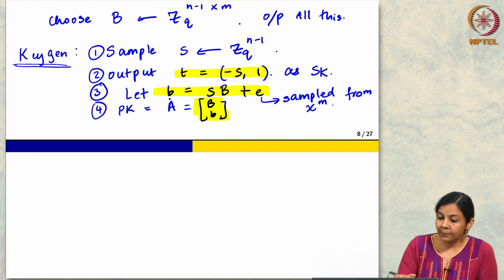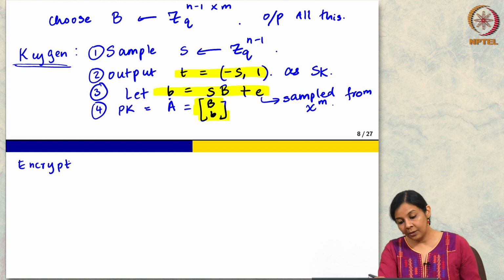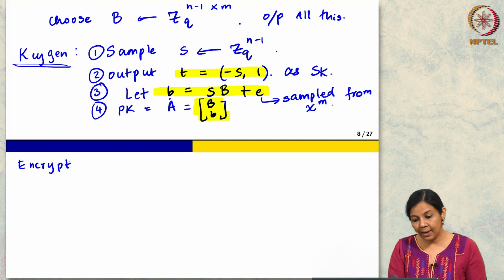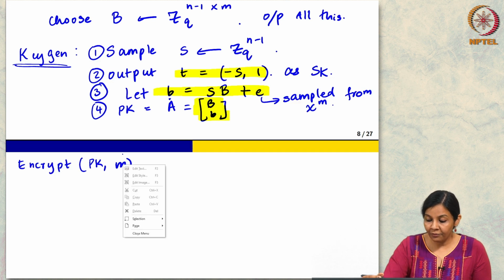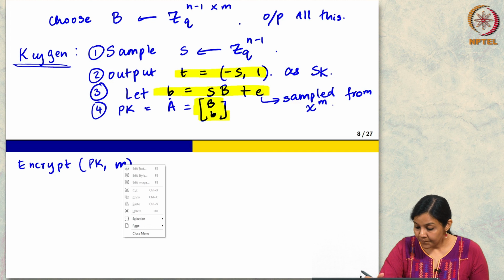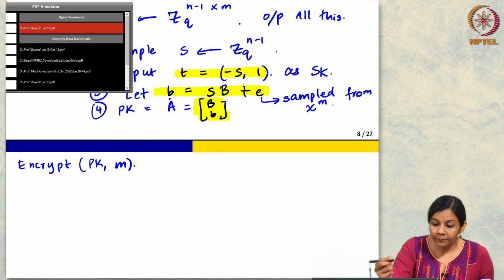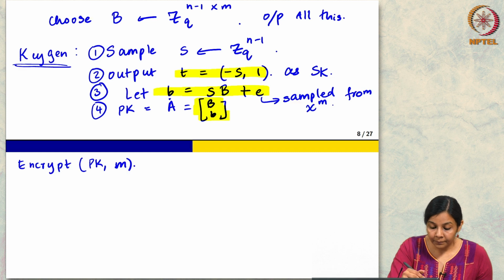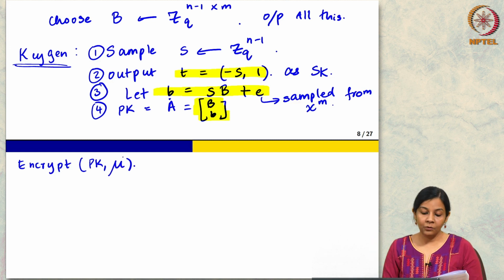Now, of course, we have to encrypt. So, our encryption will be a little bit different than what we saw for basic PKE. So, encrypt takes the public key and some message bit, maybe instead of M, it may be good for me to call this something else. Okay, so, I will call it mu because we are also using M for a dimension. So, just to avoid confusion.